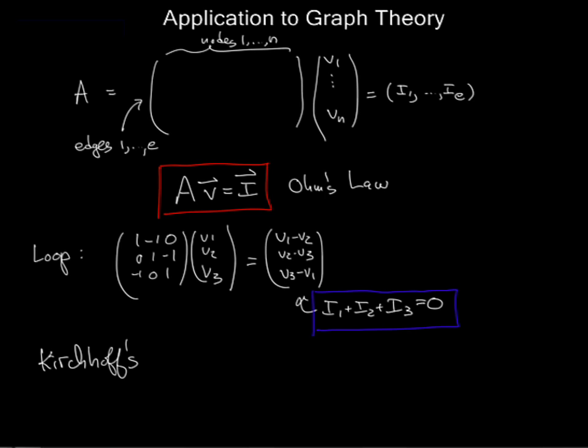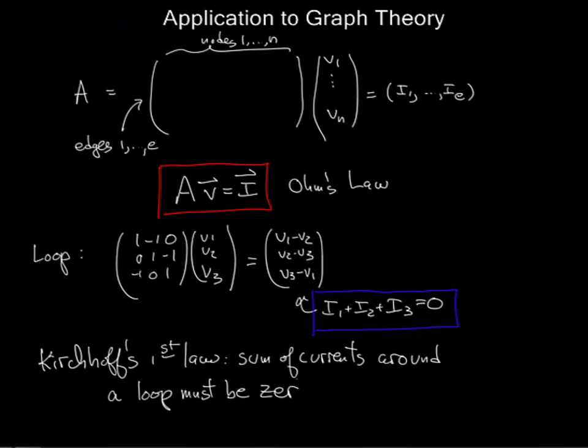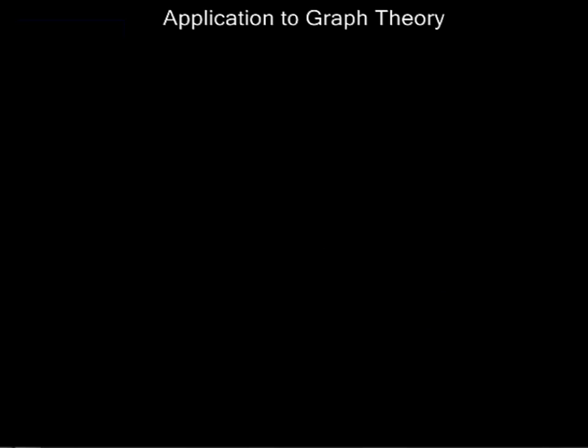And that's a famous law from electricity, Kirchhoff's first law, which says that if you have a circuit with a loop in it, the sum of the currents around a loop has to be 0. And that's sort of obvious if you just think about the way electricity flows. There's no gain or loss of current as you go around a circuit.